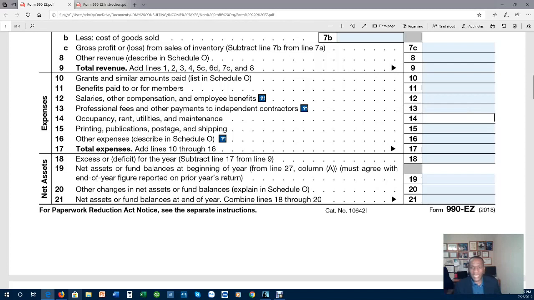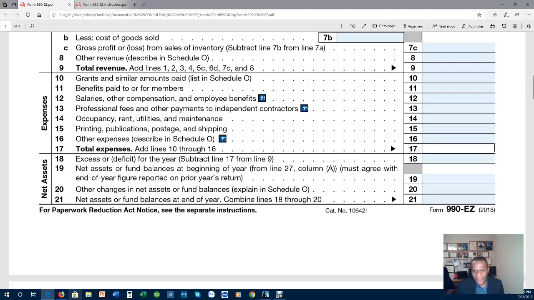Printing, publication, postage, and shipping. These are your supply expenses and so forth. Other expenses described on Schedule O will be entered on line 16, and then line 17 will be a total of line 10 through line 16, your total expenses.